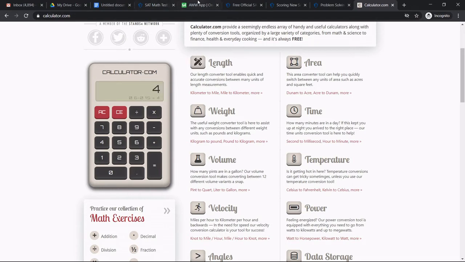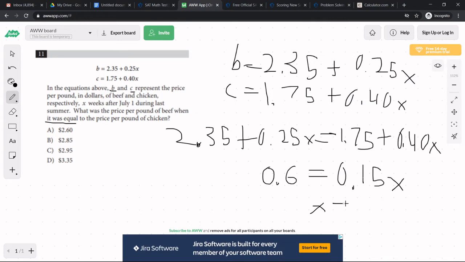We get 4. So x equals 4. And it's important to realize that is not what they're asking. They're asking either B or C, because we know they're equal, when x equals 4. So we plug it back into one of the equations.